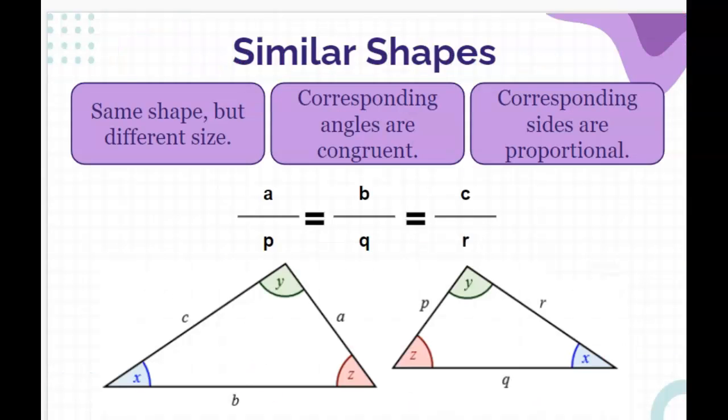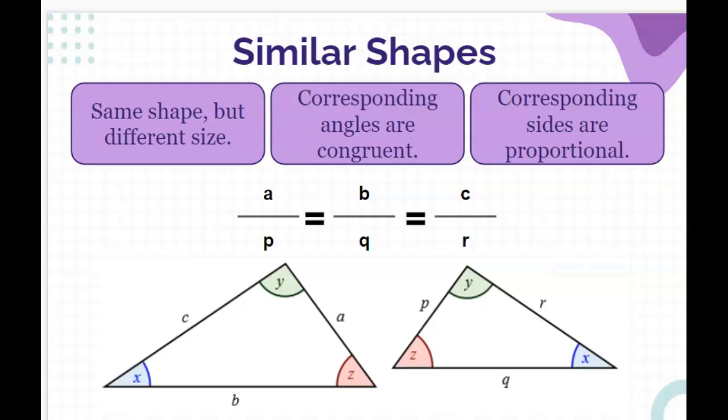Okay, now, similar shapes. Big things about similar shapes. They're the same shape, but they're different sizes. If they were the same shape and the same size, then they would literally be the exact same triangle. But we're talking about similar triangles. Corresponding angles are congruent. That word congruent is just another word for the same or equal.